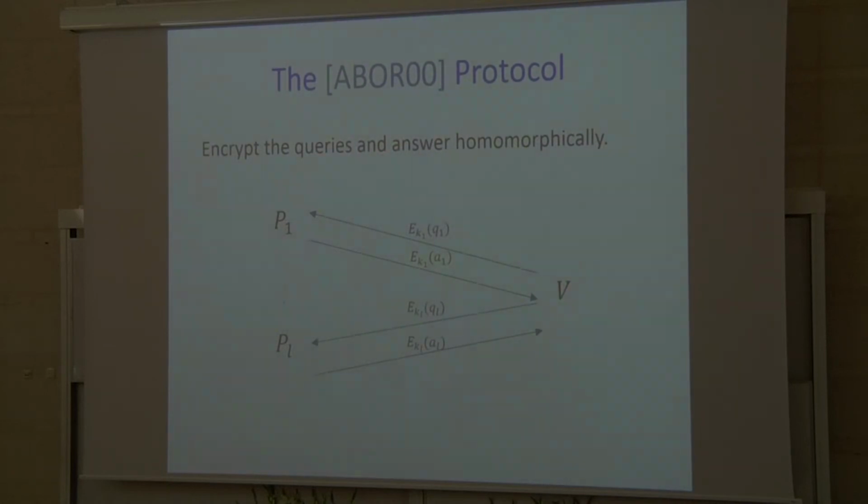Now the provers seem to have a problem. They're getting encrypted queries, but they can actually do whatever they did before and evaluate that homomorphically, and sort of answer the queries underneath encryption. Okay, so they get encrypted queries, they send back encrypted answers. A crucial point here is that each one of these L queries is encrypted under a different key. Okay, so that's the first step.